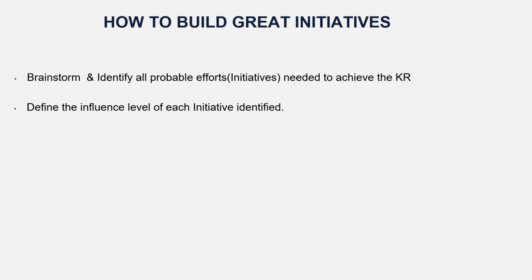Each initiative may not deliver the same level of results, right? So we need to understand what results each initiative can deliver. If we know that at a higher level, then we will be in a position to derive the level of influence of each of the initiatives.